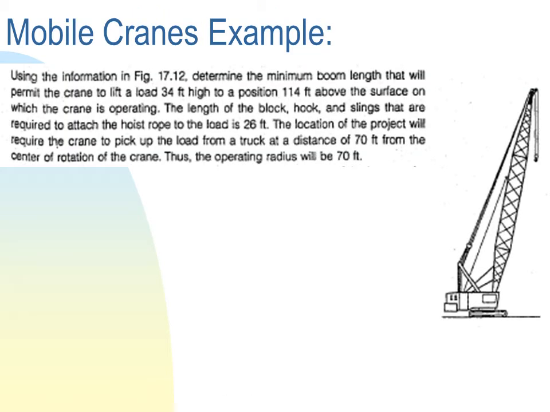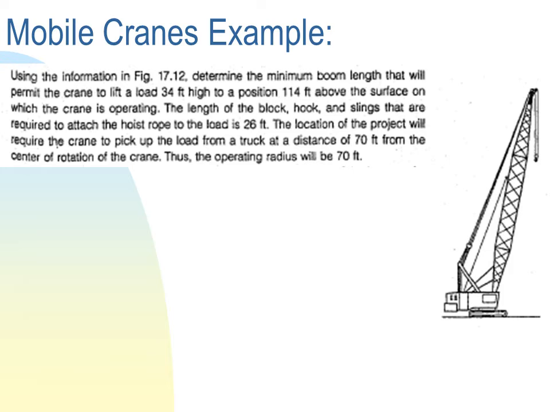So if I have a problem in which I'm having a load that's located at a position of 34 feet high, and it should move up to a position that's 114 feet high. However, we have some attachments like the hook and the sling and the hoist of the crane itself. They have a dimension of 26 feet in height.